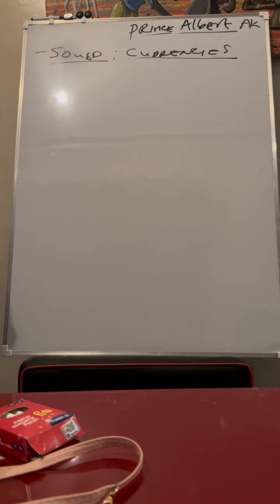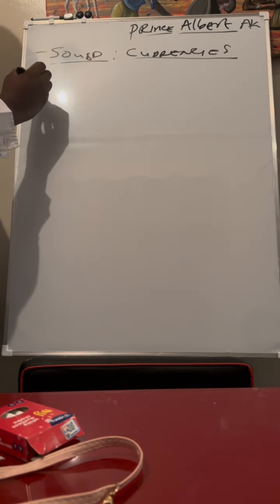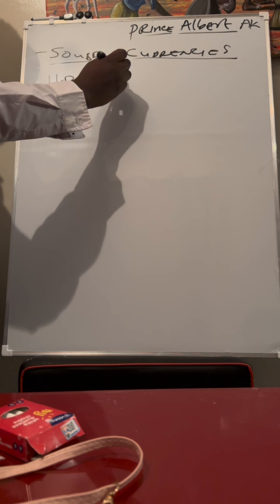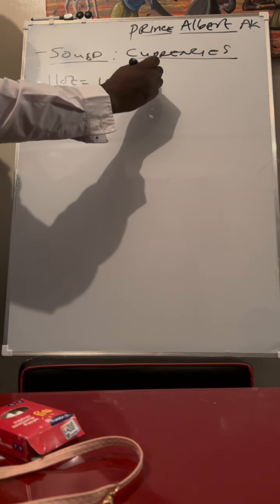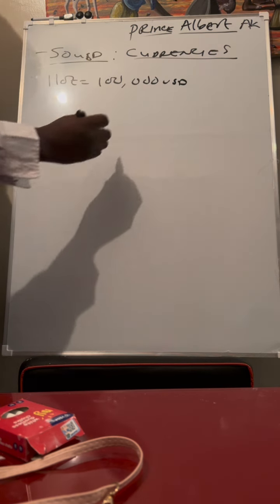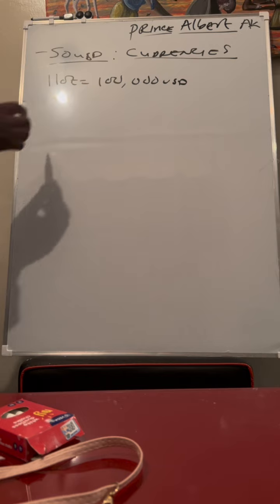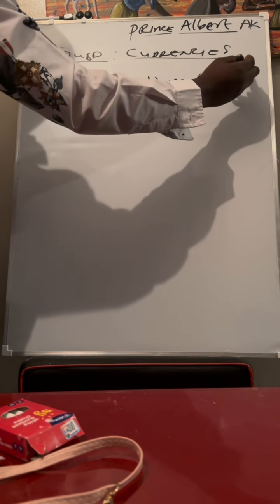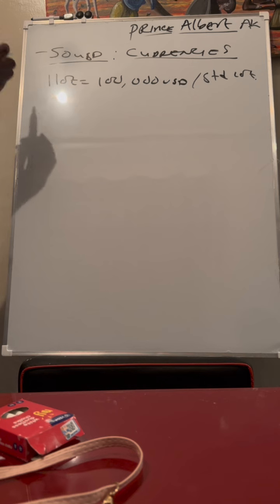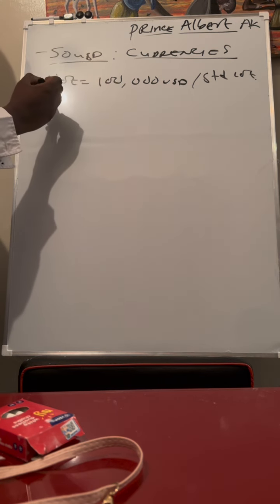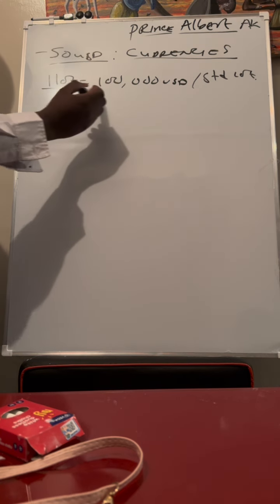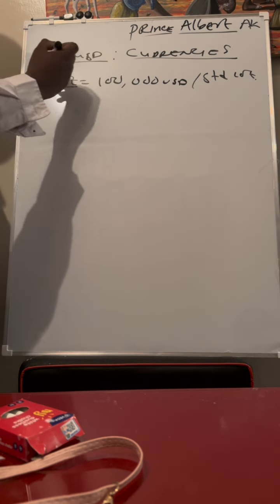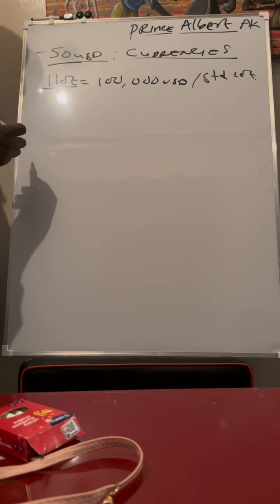So first thing you have to ask yourself, one lot size is equal to 100,000 USD without leverage. This is one standard lot. This means for us to be able to open one standard lot, we need to have 100,000 US dollars, but our account is $50.